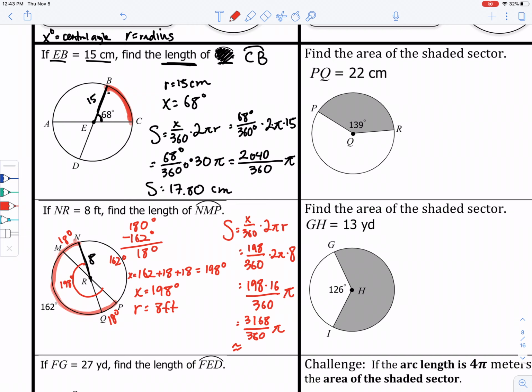We get 3168 divided by 360. And I'll take that number, 8.8, times pi. If you put that in the calculator correctly, you should get 27.65 feet.